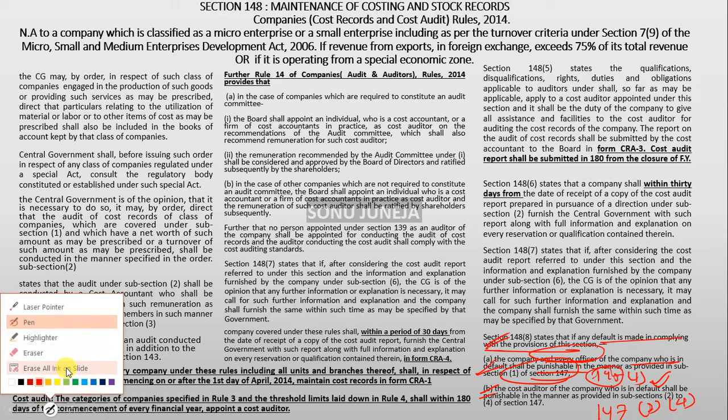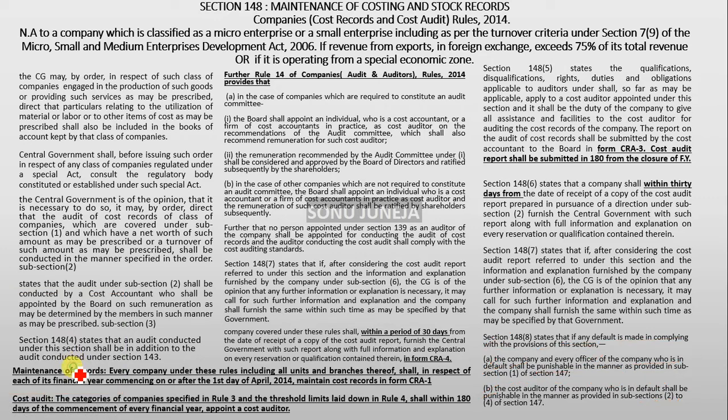Further, how to appoint the cost auditor is given in Rule 14 of the Companies (Audit and Auditors) Rules. It provides that in the case of a company which is required to constitute an audit committee, as per Section 177, if you have an audit committee, they can recommend an individual or a firm of cost accountants to become the cost auditor, which shall also be considered by the board of directors and be ratified by shareholders in the meeting.